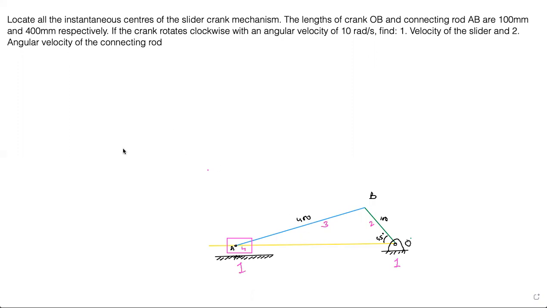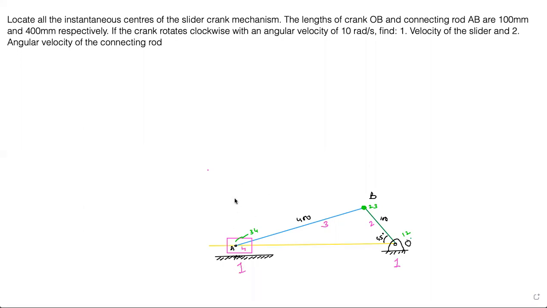Okay, now let's identify all the instantaneous centers which we can identify by just looking at it. Few instantaneous centers can be easily identified. This immediately I can say 2, 3 because it's connecting 2 and 3. This here 1, 2, and here I can see 3 and 4 are connected, so I'll write 3, 4. And 4 and 1: 1 with respect to 4 or 4 with respect to 1 is sliding, right?